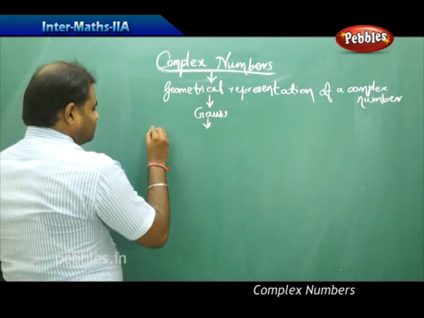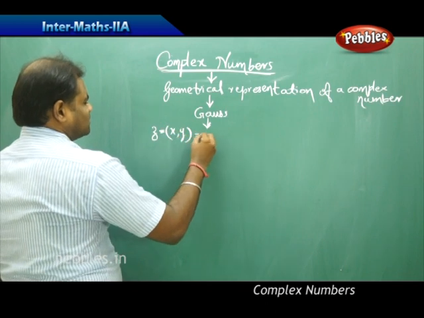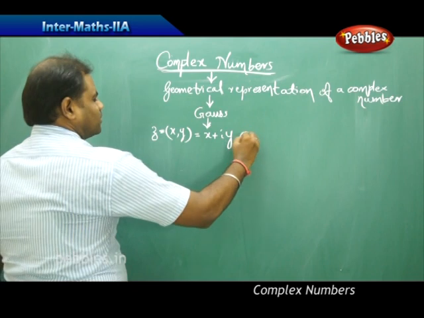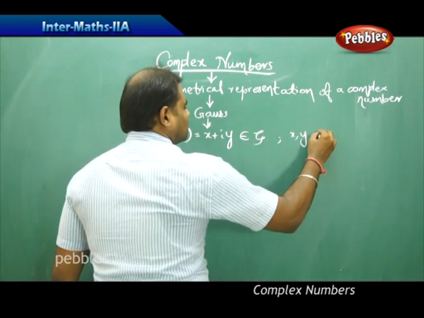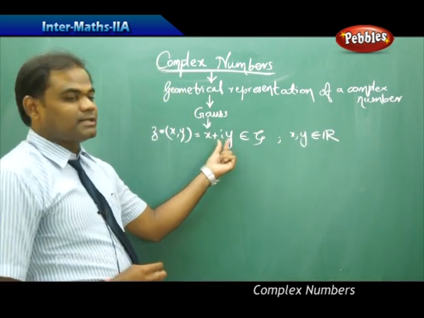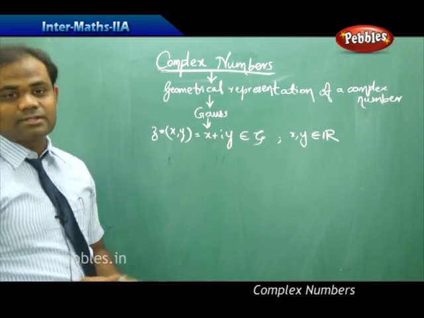So when we take the complex number z equals this or this belonging to C, that implies x, y belongs to R, then in this case every complex number a plus ib is written in the form a comma b, or x plus iy is written in the form x comma y.